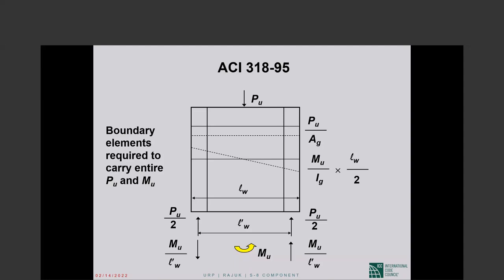Whenever something comes into ACI 318, that tends to happen. But it was basically the 1997 UBC shear wall design procedure that was incorporated in ACI 318-99, as I said, with a couple of significant modifications.